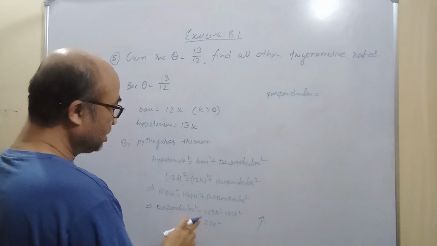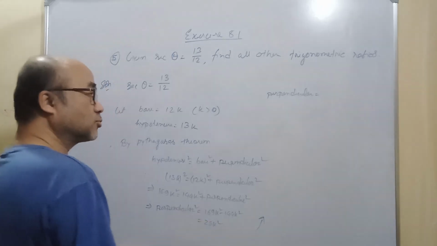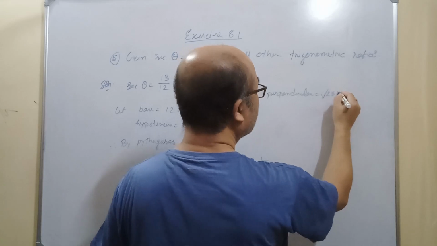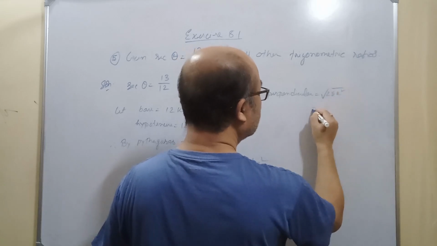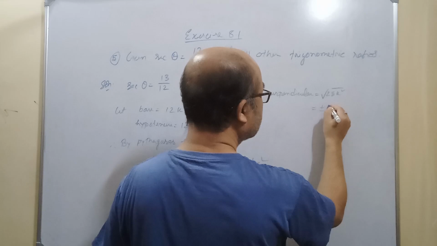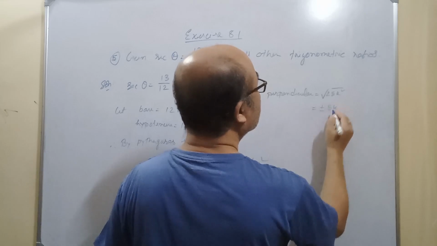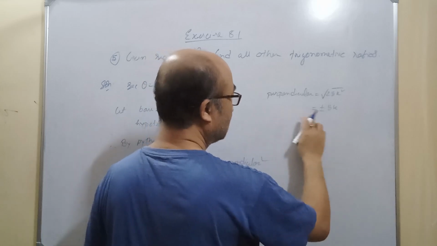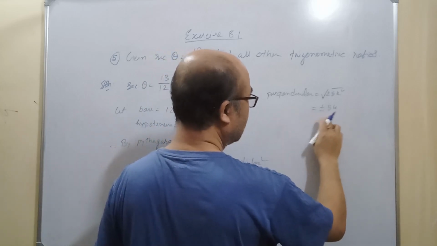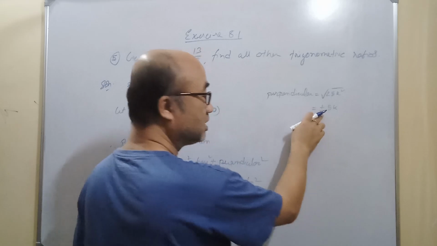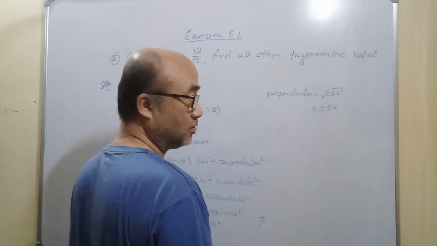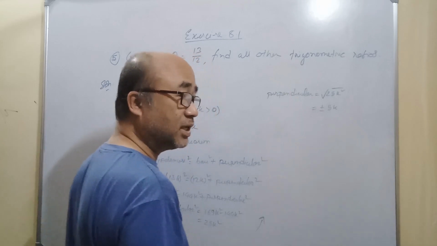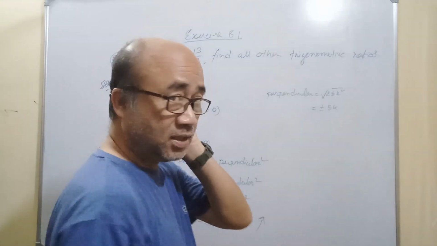So perpendicular is root over 25k square, which is equal to plus minus 5k. So perpendicular is either plus 5k or minus 5k, but we reject the negative value. Why? Because perpendicular is a length and the length cannot be negative.